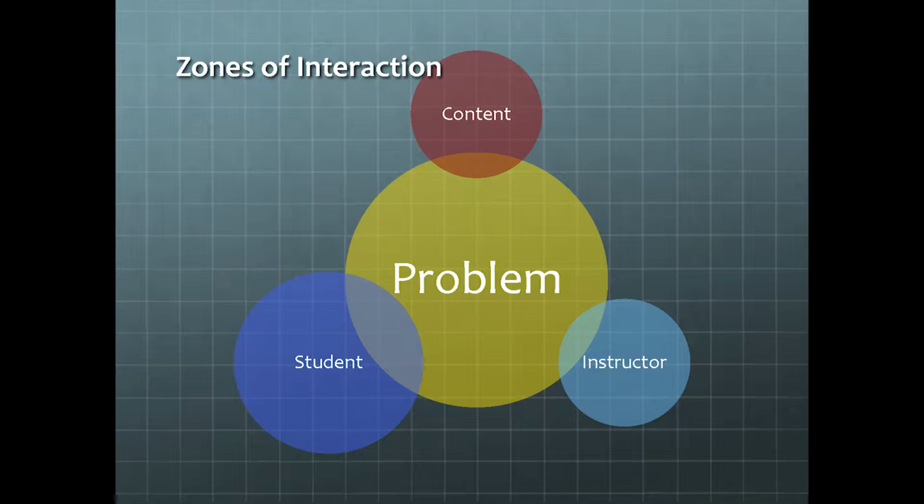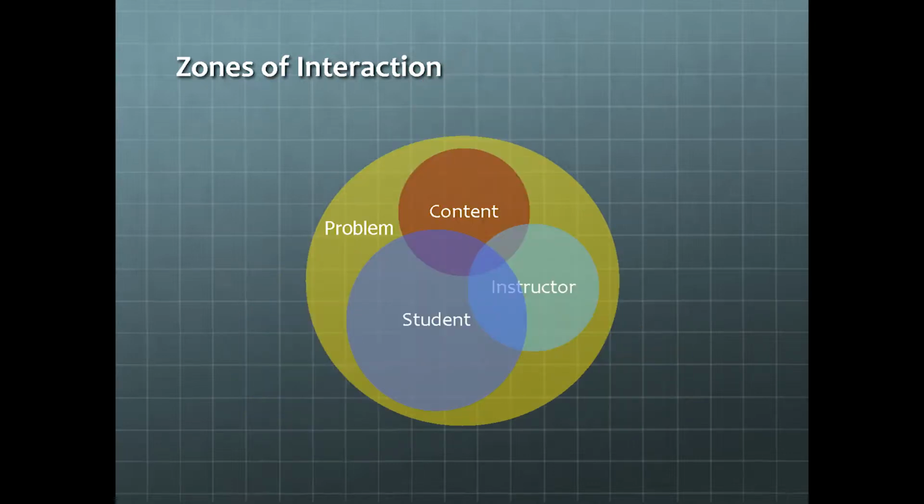Notice that the student bubble has gotten larger because problem-based learning is more student-focused and more student-led than traditional instruction. And the instructor is off to the side because the instructor acts as a kind of a learning coach as opposed to being a giver of knowledge. As we go forward, we're thinking that PBL probably will look like this after all has been said and done.